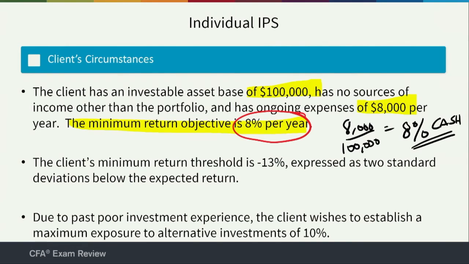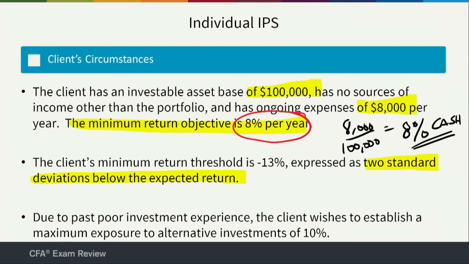Now let's go back and take a look at some of the other data that our client has. So the client has a minimum return threshold of minus 13% expressed as 2 standard deviations below the expected return. So clearly we're going to have to do a calculation for that. Let's see, before I have to do any calculations, whether or not there's something else that I could say about this particular client.